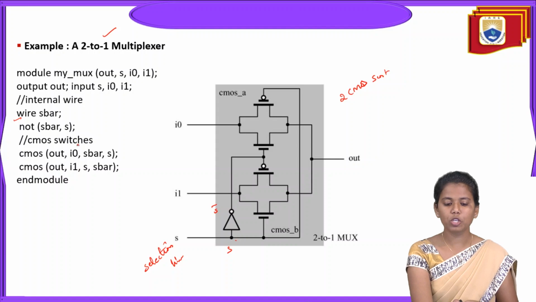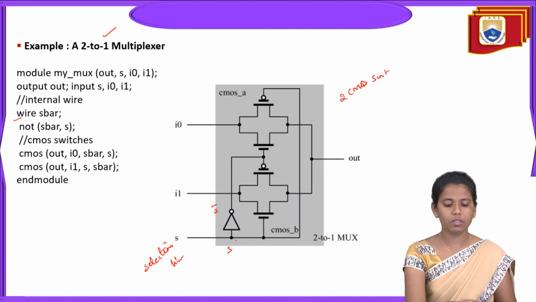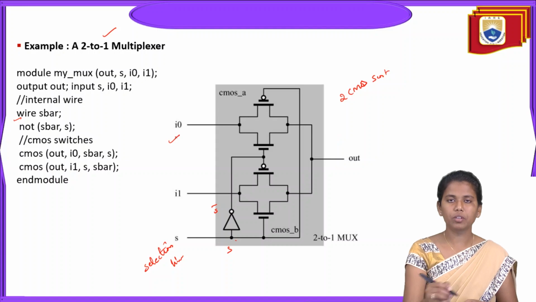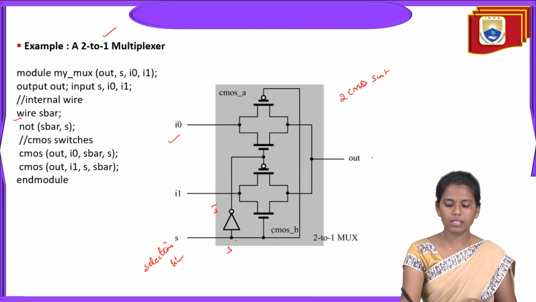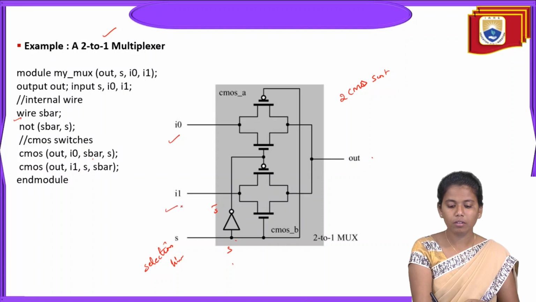And then coming to the switches, the instantiation of the switches is done with respect to the CMOS. So for CMOS, this is input I0 with output out, with respect to the selection lines S and S bar, and CMOS out for input I1 with respect to S. So here you take S and here it goes S bar.